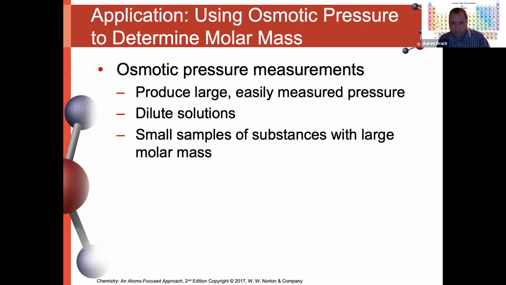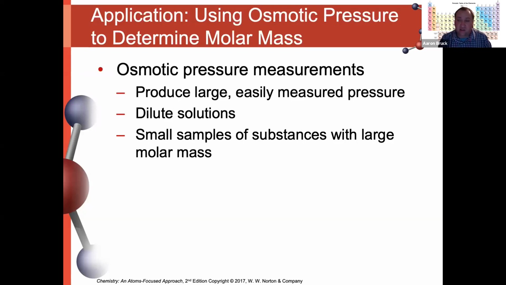So if I have an unknown sample of something, I can use small amounts of that, dissolve them in small amounts of water or carbon tetrachloride or pick your favorite solvent depending upon the circumstance.